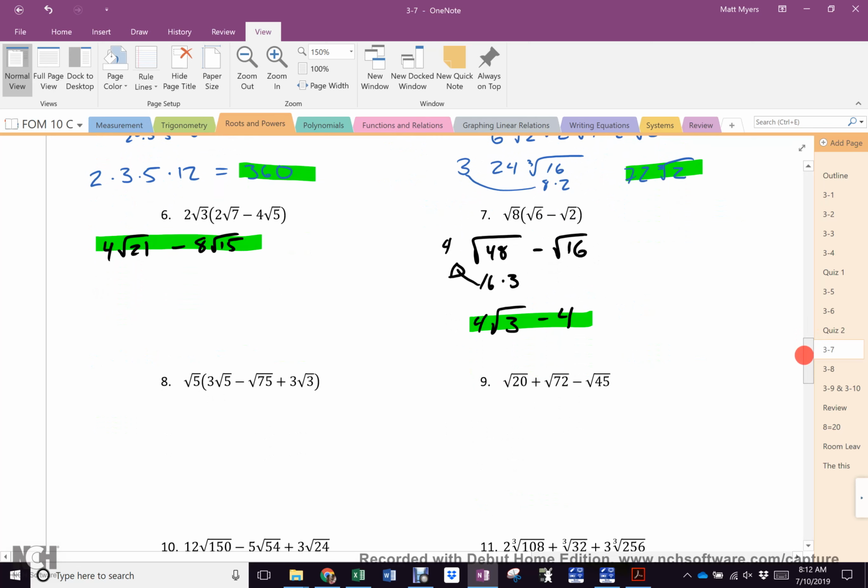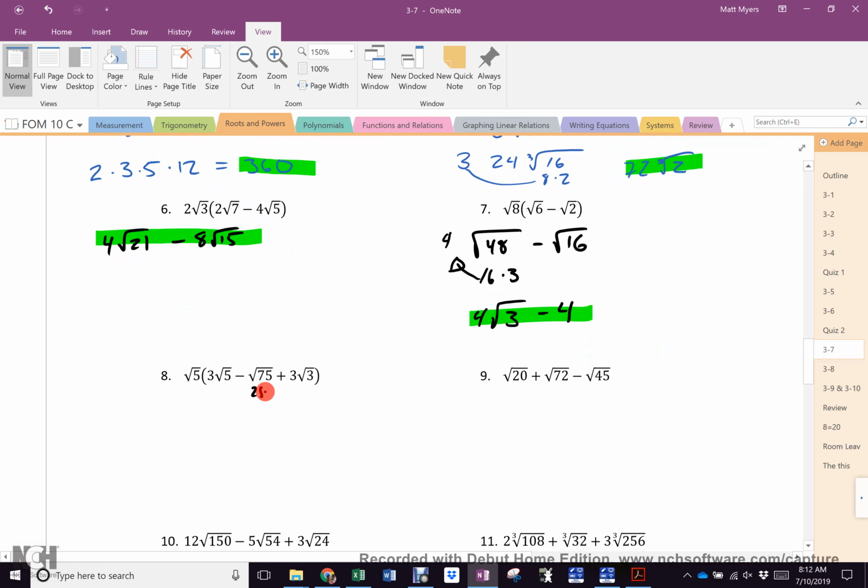Okay. All right, that's 25 times 3, so that's root 5 times 3 root 5 minus 5 root 3 plus 3 root 3, which is root 5 times 3 root 5 minus 2 root 3, which is 3 times 5, 15 minus 2 root 15.